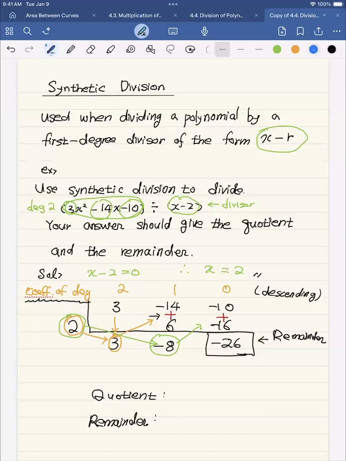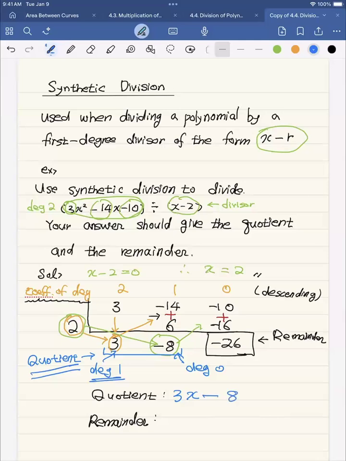And the first two numbers have something to do with the quotient. We start from here. This is degree 0, and this is degree 1. So when we write the quotient, that'll become 3x, because 3 is degree 1, minus 8. And the remainder is negative 26.